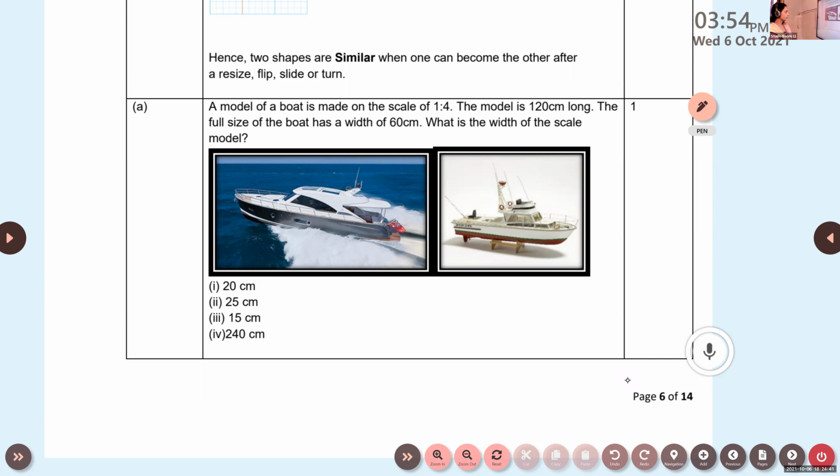What is the answer? What is the formula we have learned for scale factor? Scale factor is given by 1 by 4 is equal to.